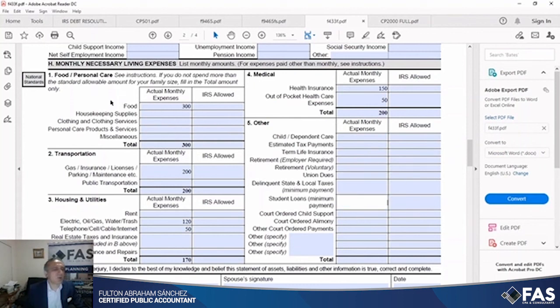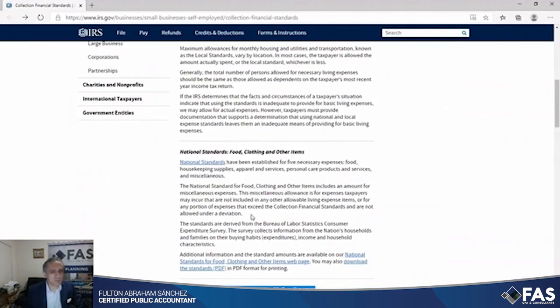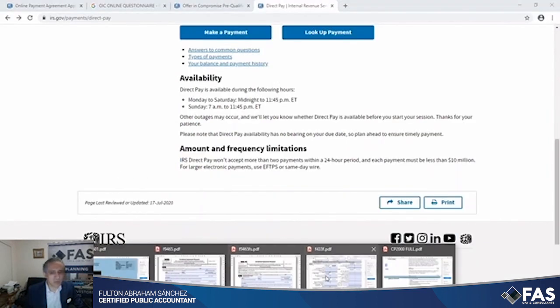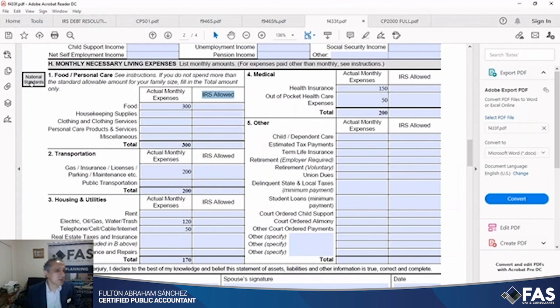Okay, so once I have this information, I need to go to the standards, to the IRS allowed. So the IRS allowed for food, for example, this is for national standards. Remember that I am in the form and I click here in the national standards. It is next to personal care.